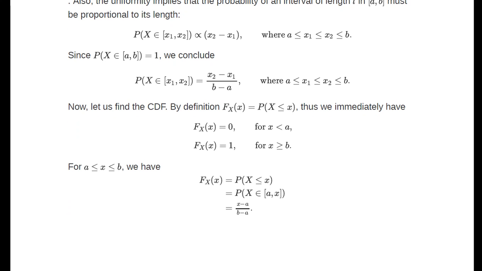Now let us find the CDF. By definition, the CDF is F of x equals probability of X less than or equal to x.